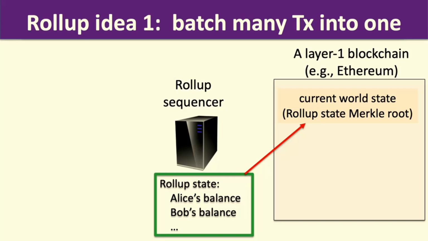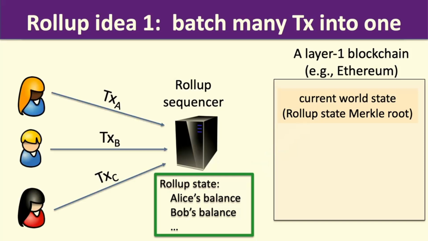The rollup itself, as we just heard, is a blockchain on a blockchain. It has its own rollup state, which is akin to the world state. It puts what we call a Merkle root in the world state. This is a cryptographic summary, or commitment, of your own state onto the main chain.